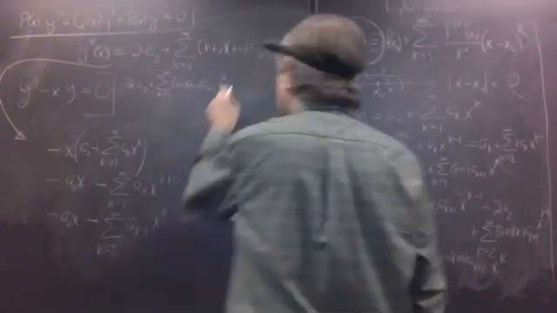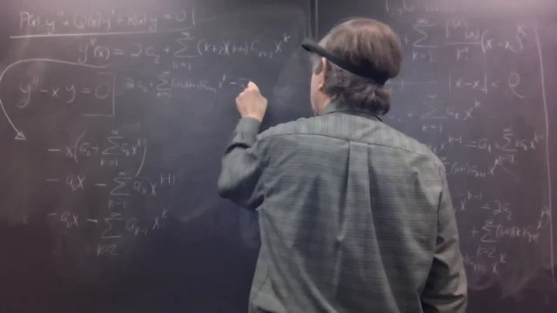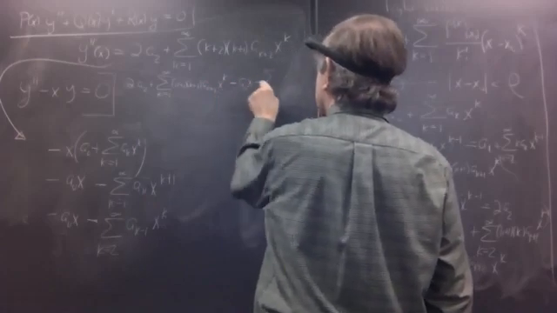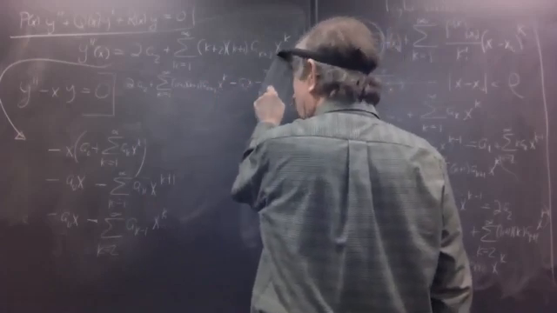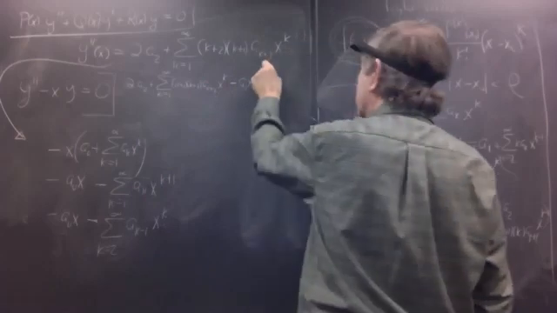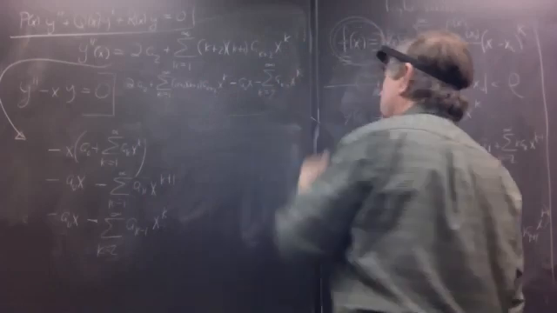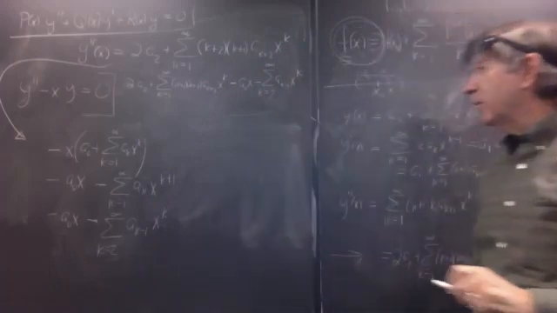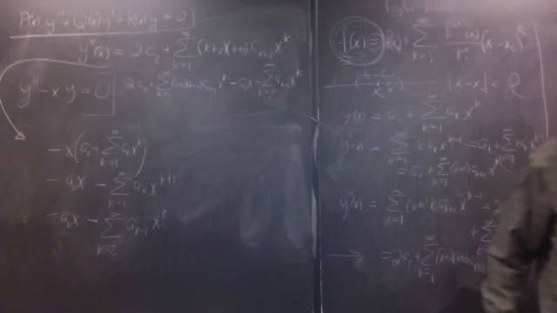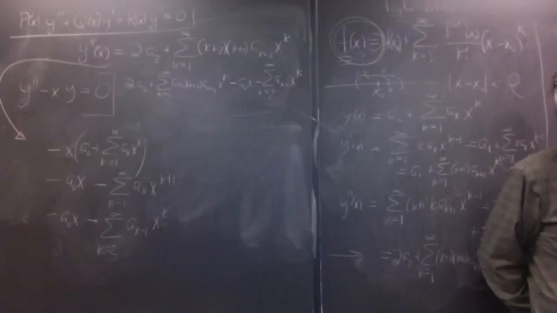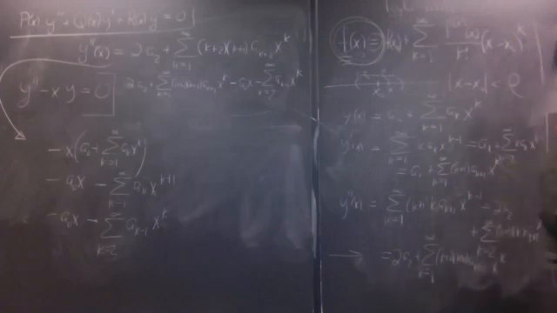Now, minus a sub 0 x and minus the sum from 2 to infinity, a sub k minus 1 x to the k. Okay, now I look at that and I'm happy that everything is x to the k. But I'm unhappy because one of them starts at k equals 1 and the other one starts at k equals 2. So I can't combine them.